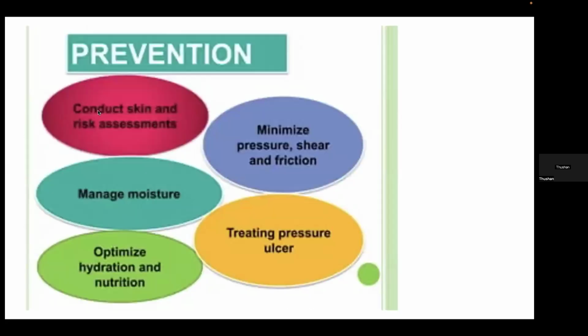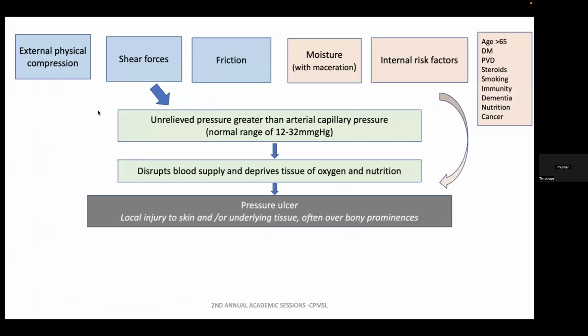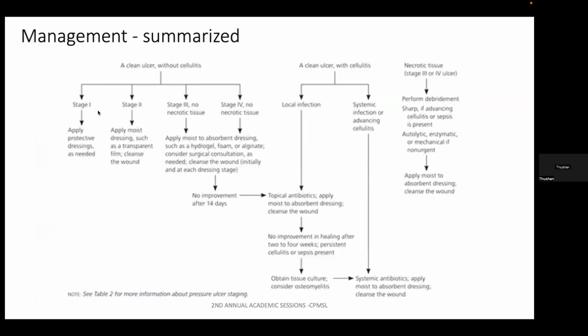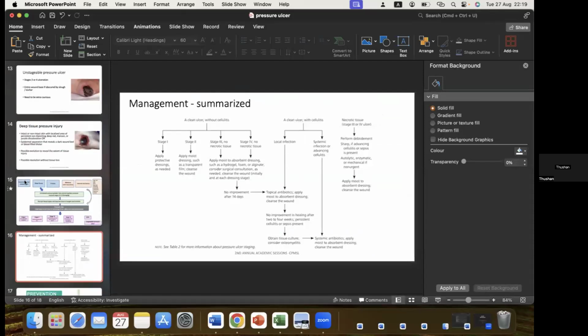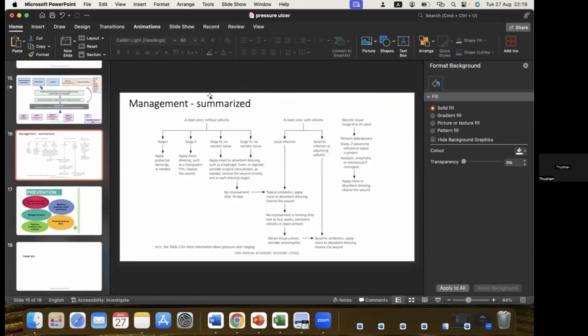So thank you. I hope the message was clear. And anybody who wants to ask questions or clarify something, please do. I hope the principles and the understanding are there so you can adapt and manage pressure ulcers in any way you want.